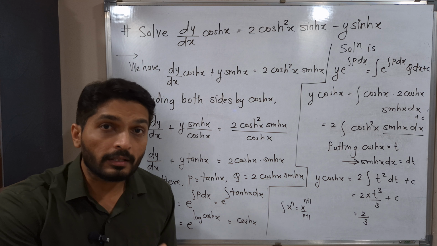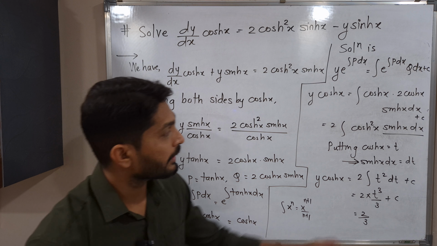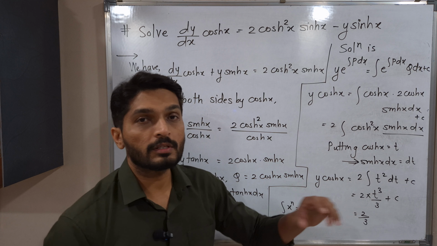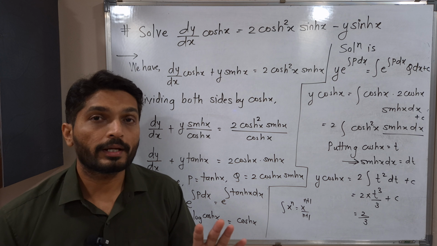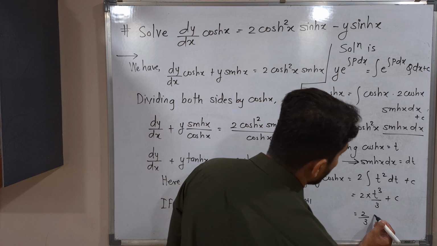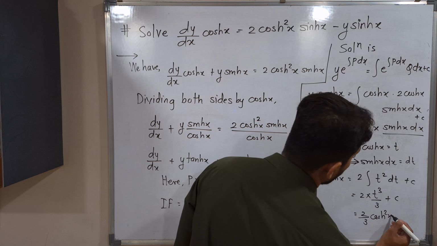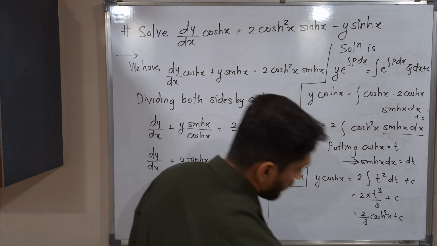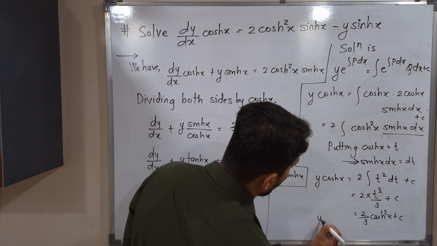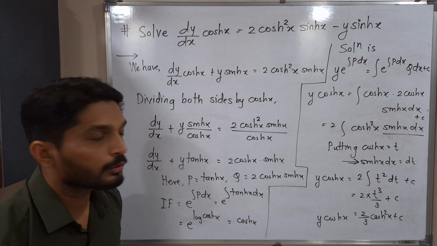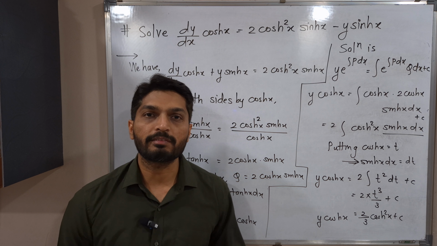But that variable t, we have taken, it is not a given variable. So what is its value? Original value is hyperbolic cos x, so at the end we are supposed to write it. So t is hyperbolic cos x, so it is hyperbolic cos square x plus c. And the left hand side I have already written here, y hyperbolic cos x is equal to 2 by 3 hyperbolic cos square x plus c. So we got the final answer.